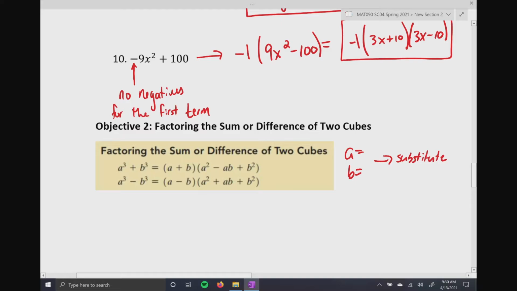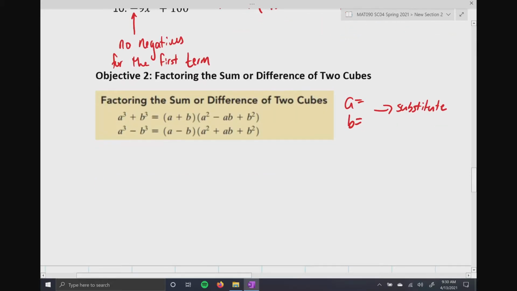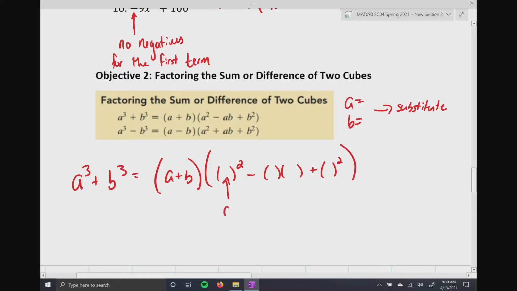Okay? So sometimes it can get a little difficult, and the only time it gets difficult is because you're either not writing clearly or you're forgetting to put things in parentheses. Because what you got to remember here, and I'll do the A cubed plus B cubed one, is that the thing being squared, whether it's the A or the B, it's that entire term that is being squared.